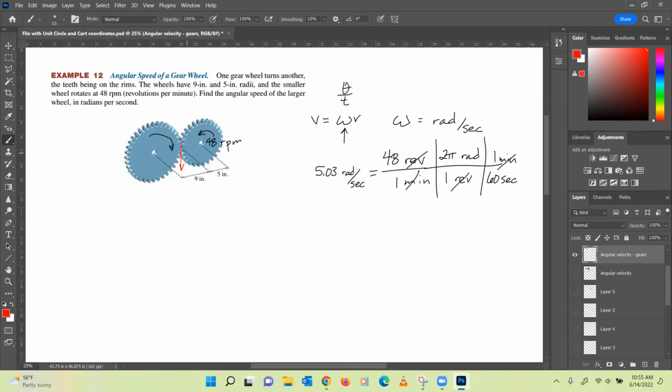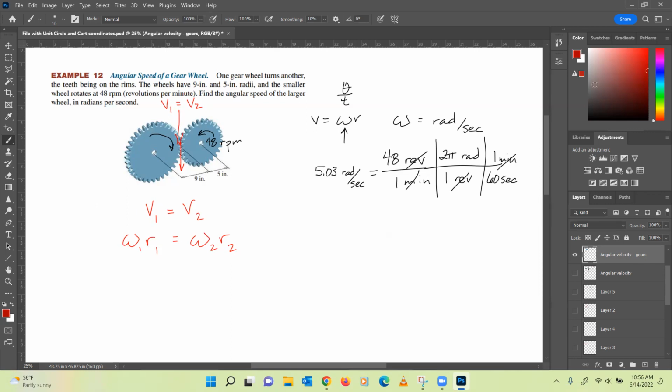You can't have that. So if the velocity of the little is equal to the velocity of the larger, v1 equals v2, then that means omega 1 times the radius of 1 equals omega 2 times r2.